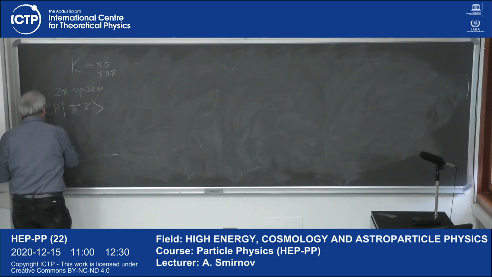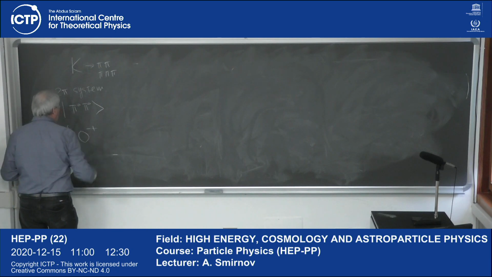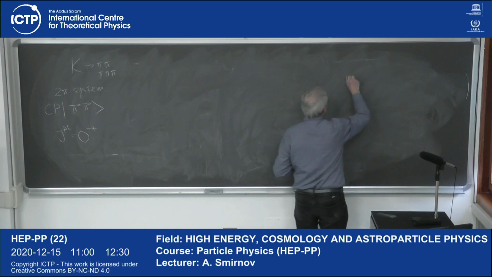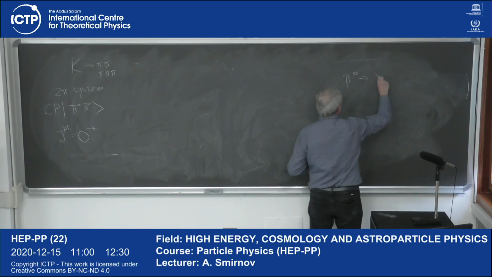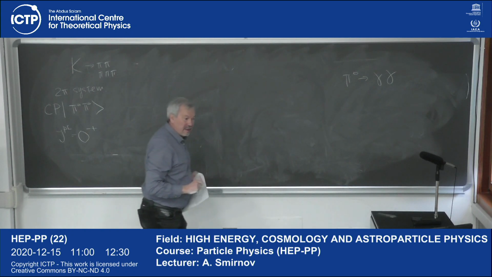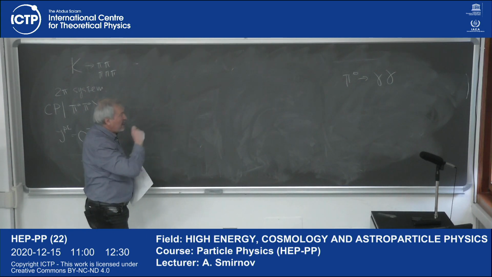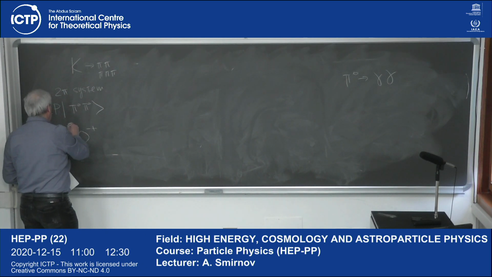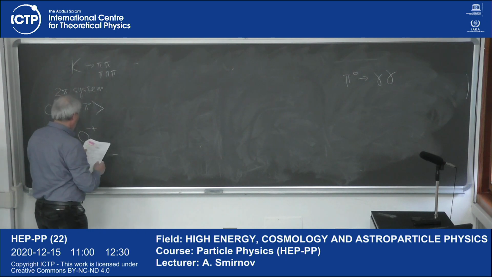Let me remind that pi 0 has spin 0, it has minus intrinsic parity and plus C parity. Remember, pi 0 has a decay mode into gamma gamma, and since each of these has C parity minus 1, the C parity of pi 0 is plus, so you can find in the table of particles, this is labeled for pi 0.